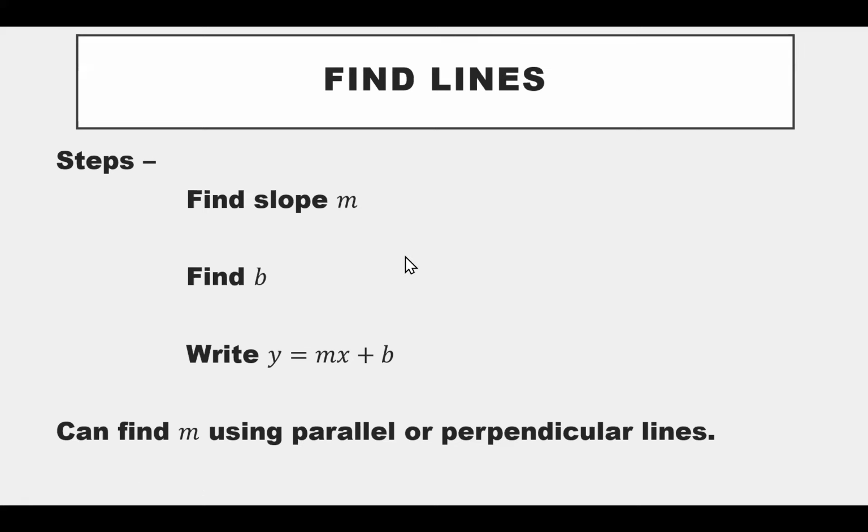Now we're going to go back to finding lines. So as always, we want to find the slope first, then find the b by plugging in a point, and then write y equals mx plus b. Now that we understand what parallel lines and perpendicular lines are, we can also find the slope using parallel lines or perpendicular lines.